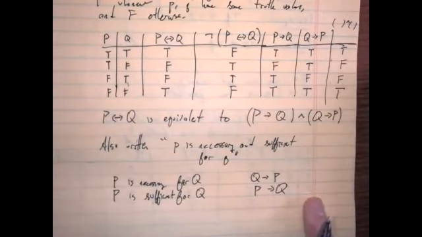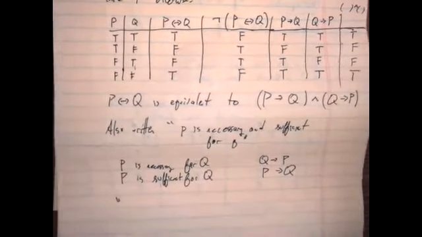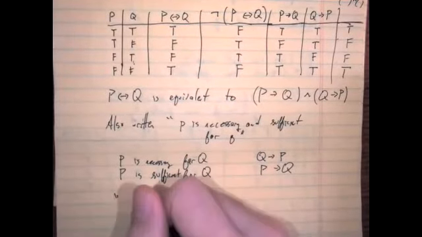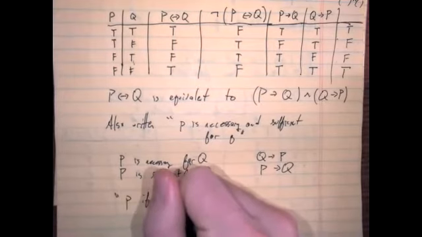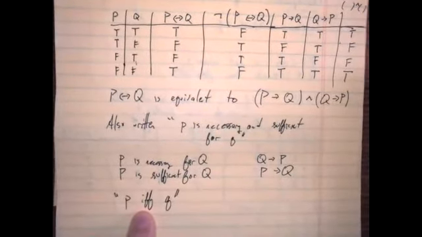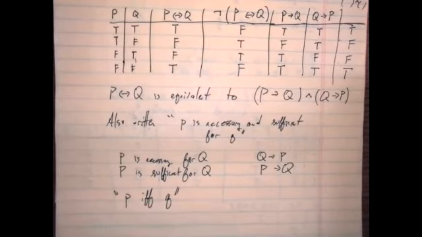Another way to write P if and only if Q, and one that I'll be using as a shorthand often, is, and this is not recommended for formal proofwriting, but if I'm just trying to write in shorthand, P iff Q with two f's. This is the kind of non-rigorous contraction of if and only if, the if with two f's.